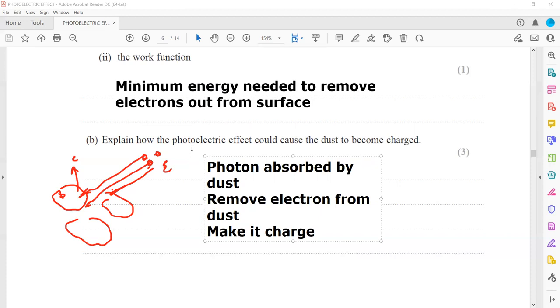Originally it was neutral, but as a result of losing or gaining electrons, it will become charged. That is what happens: the dust on the moon gets charged and it sticks to the instruments or the suits of astronauts.